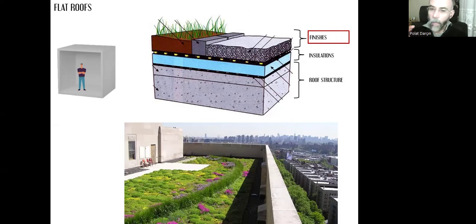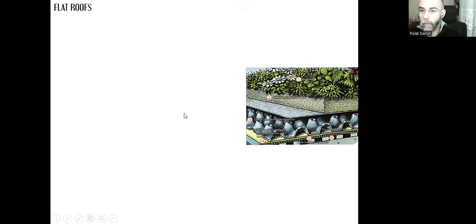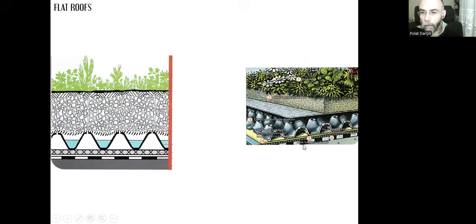We don't prefer very heavy plants like trees, but grass or maybe flowers. And instead of earth, here we can place an artificial plant material, and above the water insulation, we have special layers here. That's the insulations, water and heat insulations.